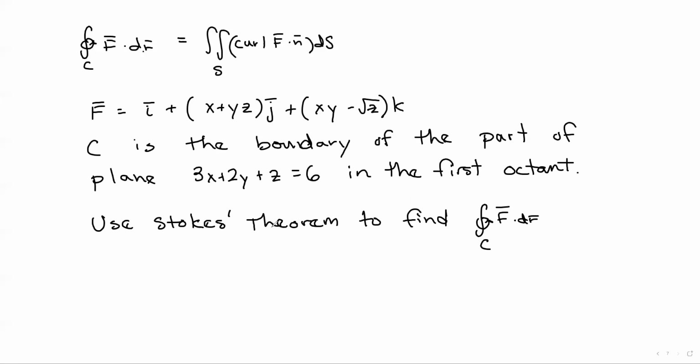Okay, so what I was just saying is if they give you some stuff and say use Stokes theorem to evaluate, they don't want you to evaluate the line integral. If they wanted you to evaluate the line integral, they just would have said, find this, no Stokes theorem. The fact that they're saying use Stokes theorem to find the integral of f dot dr means to use it, and by using it, we know that f dot dr equals the double integral.